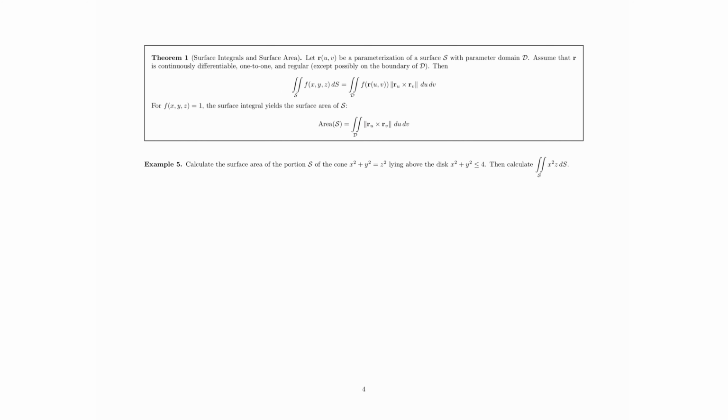So all the double integrals that we did in chapter 15, let's go ahead and just write this at the very top here to compare and contrast.